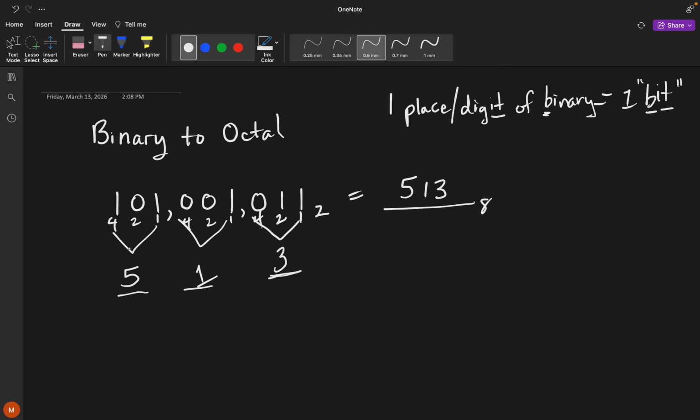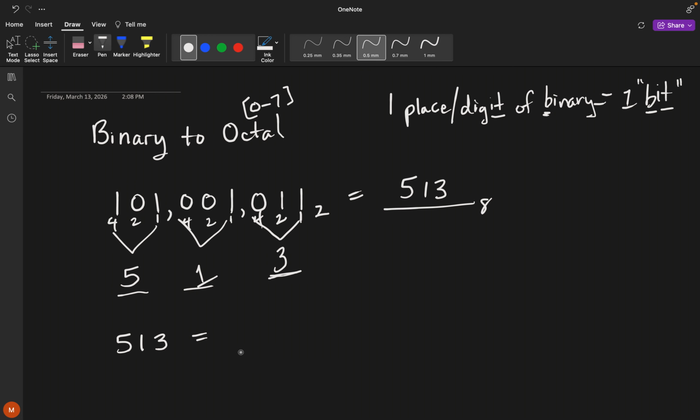Now notice real quick, you can go the exact opposite direction. I'll just use the same example, but you could come up with one yourself as long as the digits stay between 0 and 7, of course. So each digit of octal can be expanded into 3 digits of binary, 3 bits each.